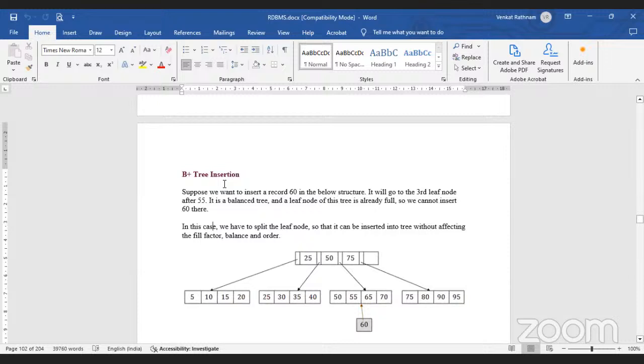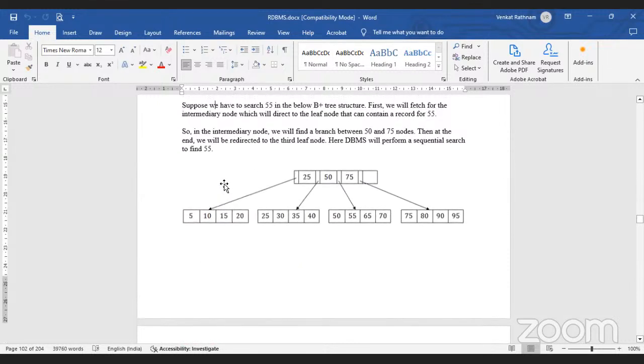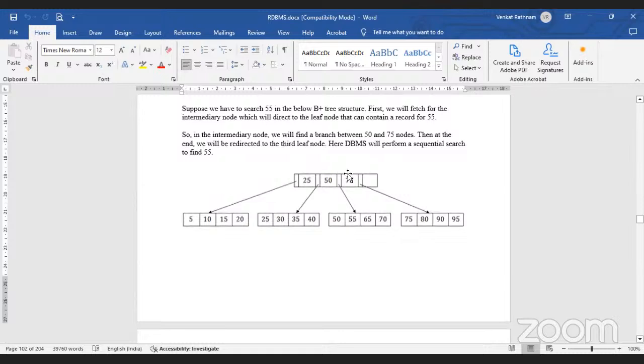Next, you already inserted some values in this B plus tree. You have 3 internal nodes or root nodes, and each contains one leaf, which has the strength of 4. So this is the balanced tree.